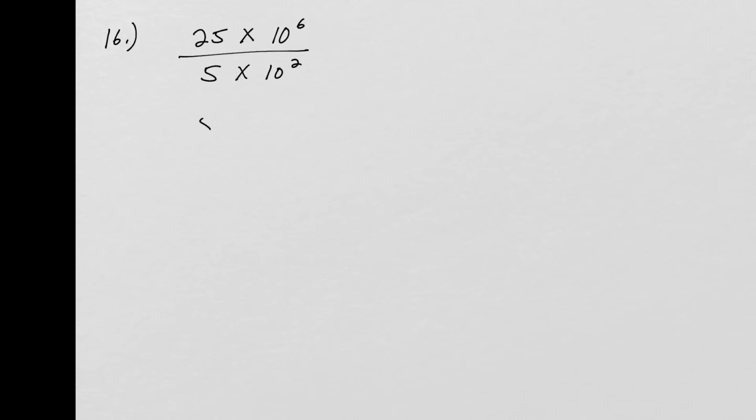So 25 divided by 5 is just 5. And then 10 to the 6th divided by 10 squared, use the quotient rule. So I keep the base 10, and then I would subtract the exponent. So 6 minus 2 is 4. And this is already in scientific notation, right? You can think of the decimal is right there. So that's fine. So that should be the answer. So 5 times 10 to the 4th, it should be C.